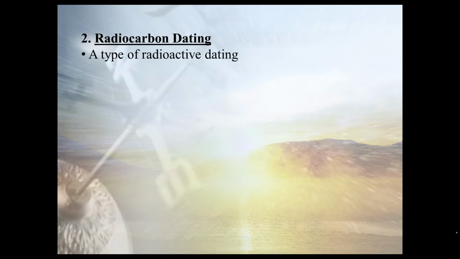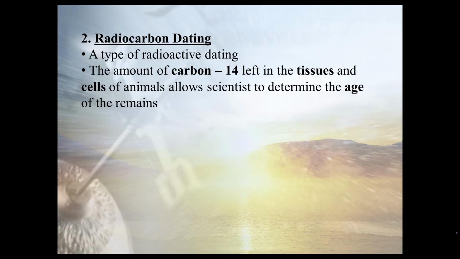Radiocarbon dating is just a special type of radioactive dating. However, it relates to fossils. In the remains of a fossil, I guess that could be like the tissues or cells or bones or whatever, same thing.